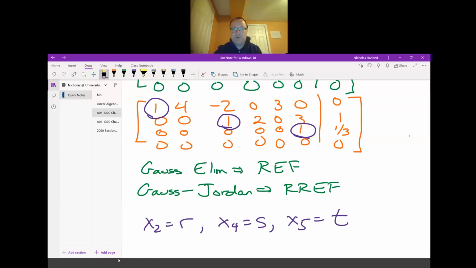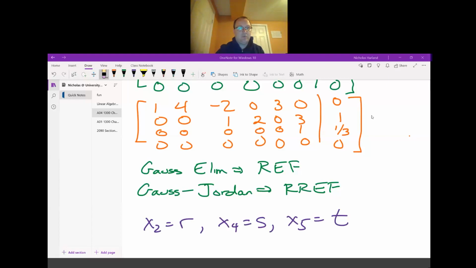So the first equation, because we had a leading 1 for x1, is going to give us our solution for x1. Same thing for x3, same thing for x6, although we'll start with x6 because it's the easiest one. So we get a parameter for every column without a leading 1.